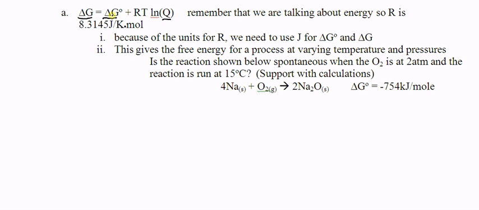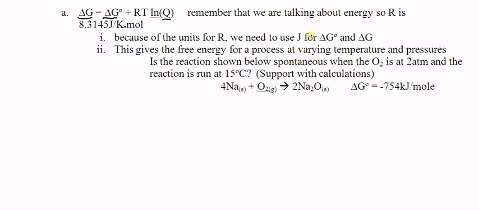So with that idea in mind, if we know standard free energy for the system and we have enough information to calculate a reaction quotient, we can figure out what the system is providing in terms of free energy or taking up in terms of free energy. And because we're talking about an energy-related equation, the R value is going to have to be 8.3145 joules per Kelvin mole to work this out.